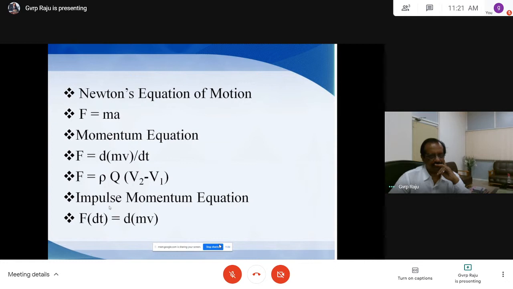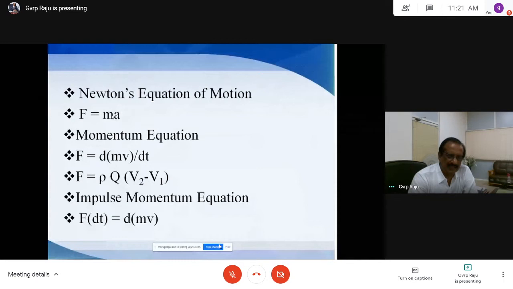In other words, the mass is m and acceleration is dv by dt. dv by dt is the rate of change of velocity. m dv by dt, I have taken mass also inside. So this is the modified form of Newton's equation. The momentum equation is a modified form of Newton's equation.